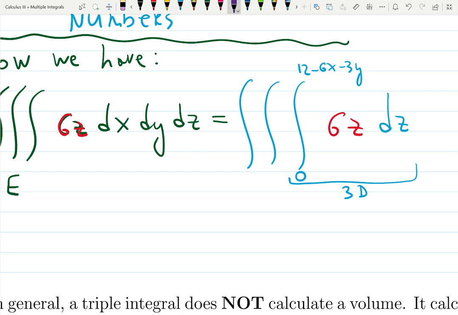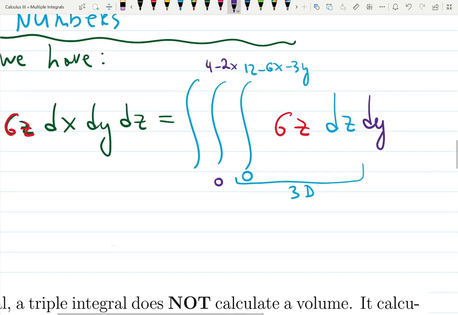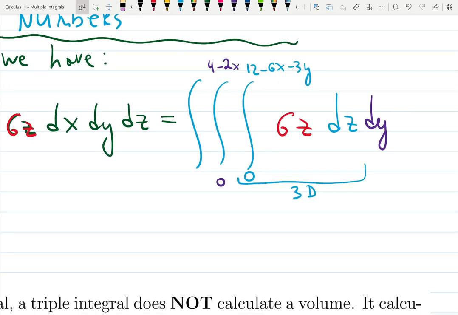Beautiful, yes. Then we decided to do dy, but you could actually do dx if you want. Just remember, numbers should be outside, no matter what choice you make. Y was between functions, between function y equals 0 and function 4 minus 2x. And the last one, let's put it in black, x was between numbers 0 and 2.